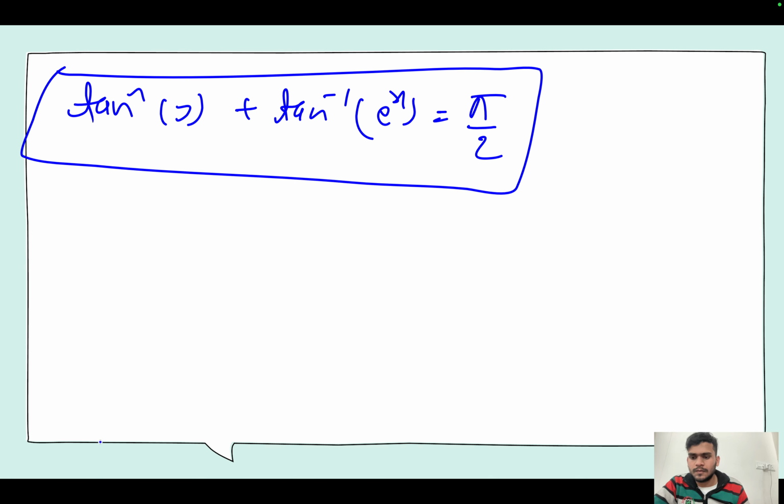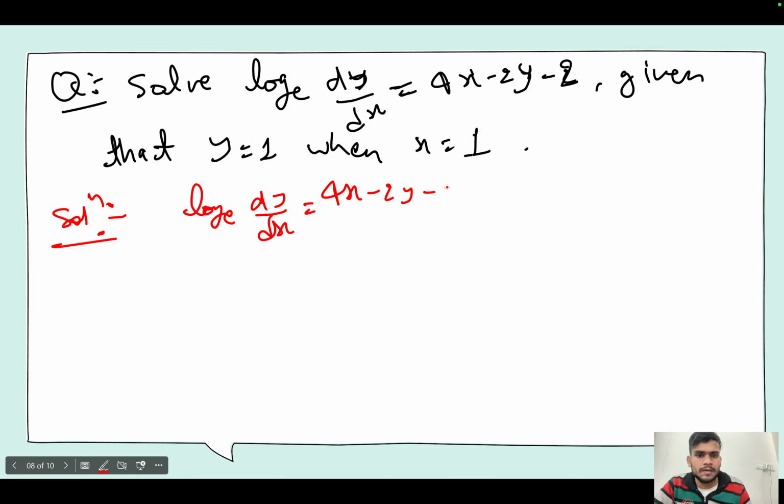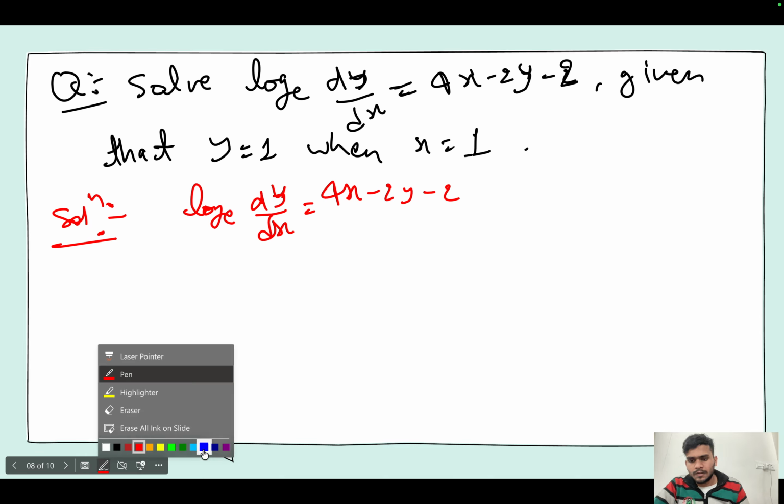So it is written like this: log base e of dy by dx is equal to 4x minus 2y minus 2. No problem, easy. We know the property of log: if it is written like log base e of a is equal to b, then it becomes e to the power b is equal to a.